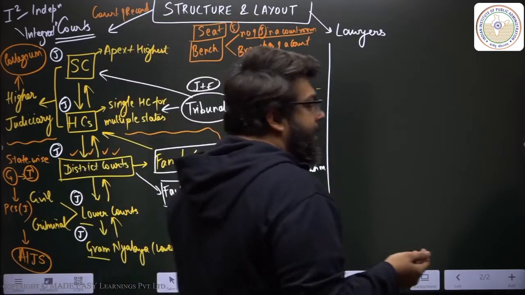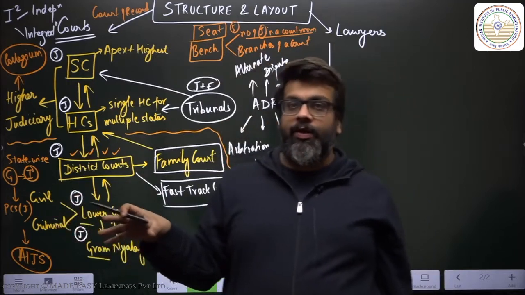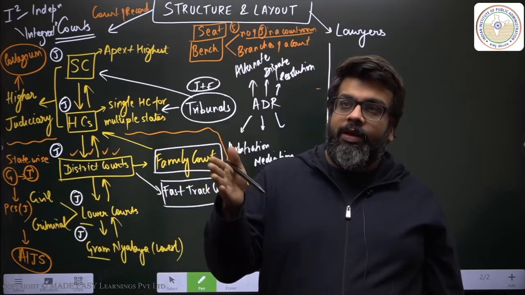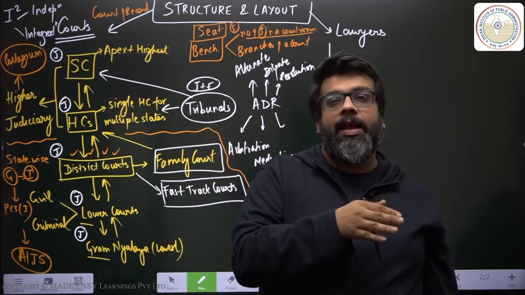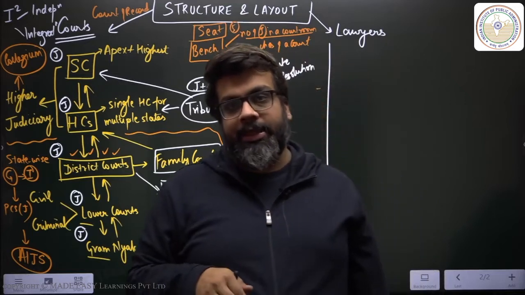The second meaning of court of record is that because everything is placed on record, the court can review its prior judgments and will often be bound by its prior judgments.